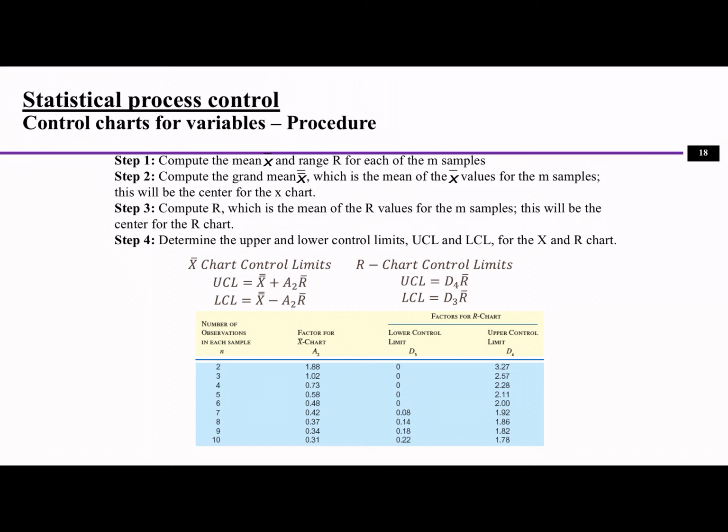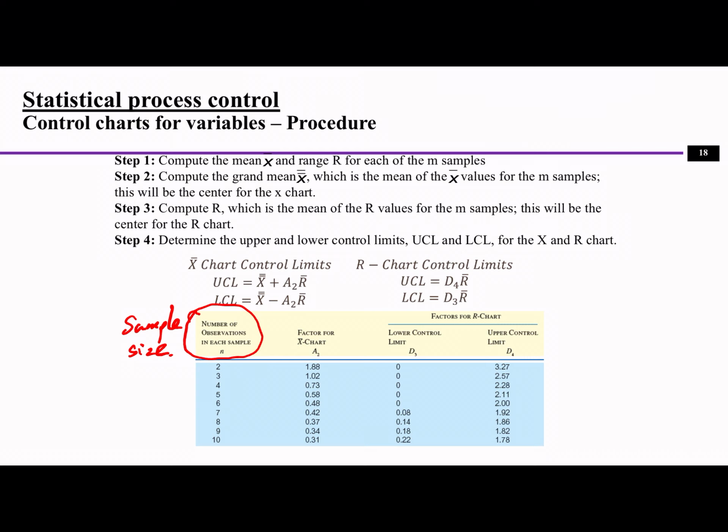The important thing to notice is that it depends on the sample size, in other words, the number of observations in each sample. In our apple example, we have 10, right?